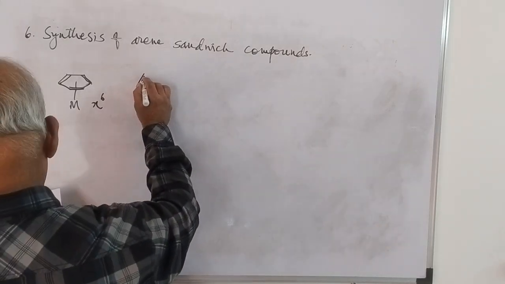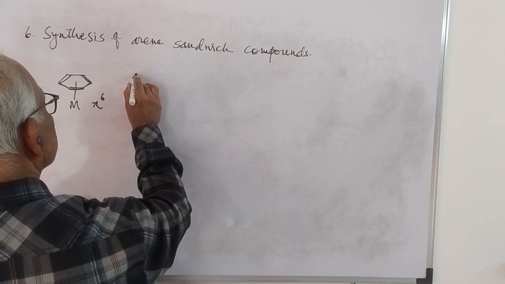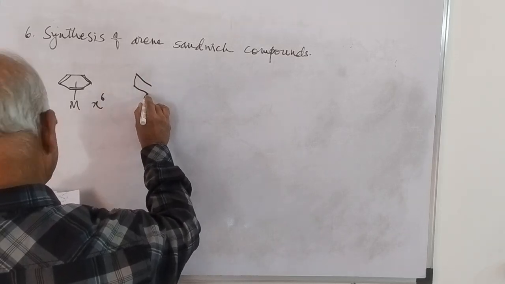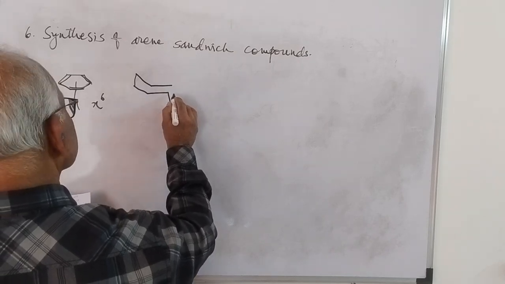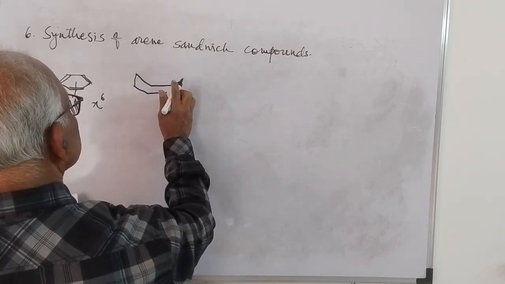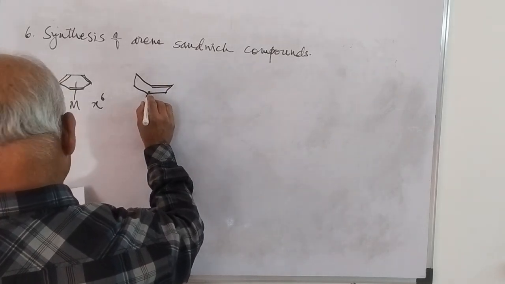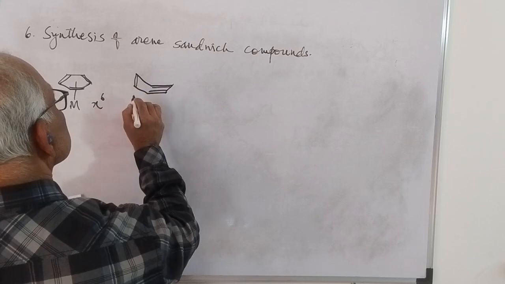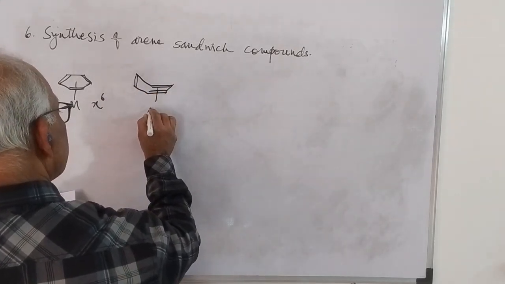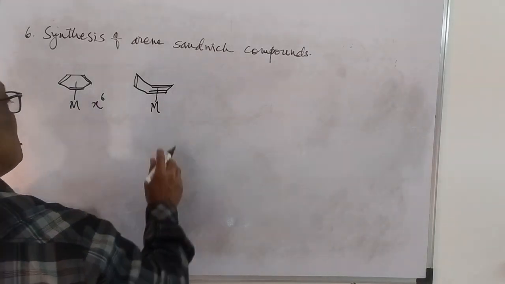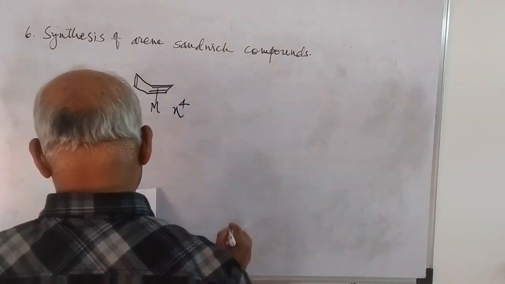Similarly, here we can take these 2 bonds, so it can have bonding through these 4 carbon atoms, and therefore it is an eta 4 metal complex.